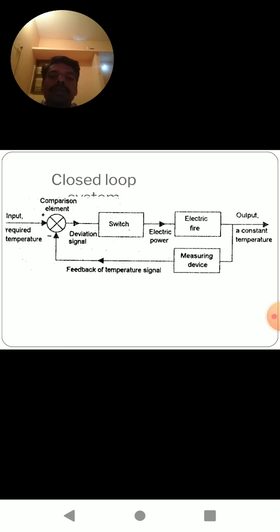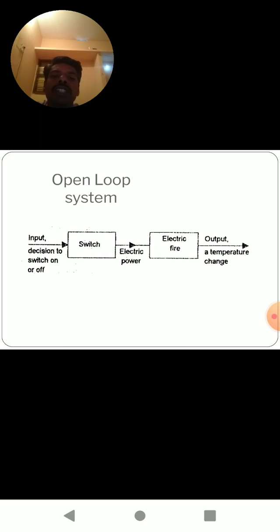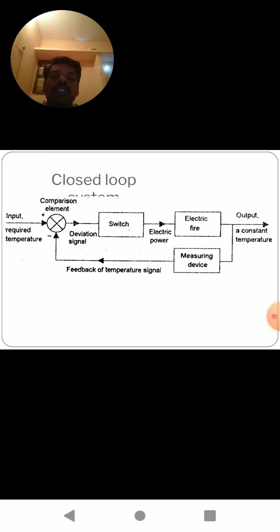Closed loop system. Here the image is shown for our understanding of the difference between the open loop system and the closed loop system. From these two graphical representations we will get a better understanding of the element differences between the open loop system and the closed loop system.